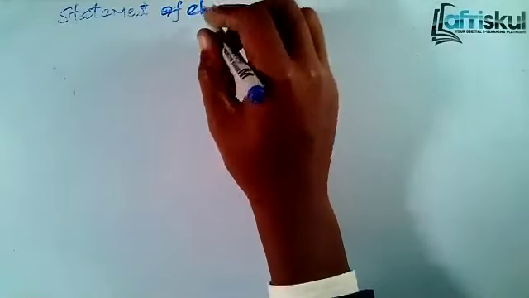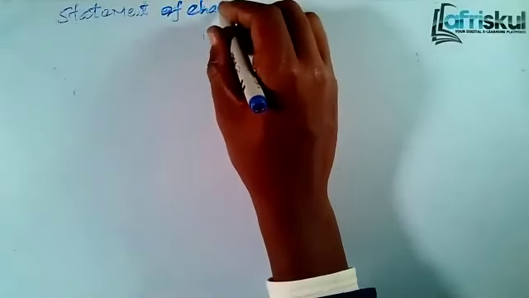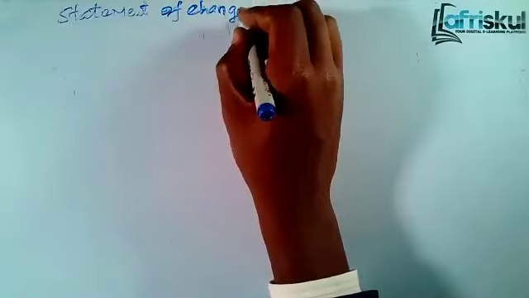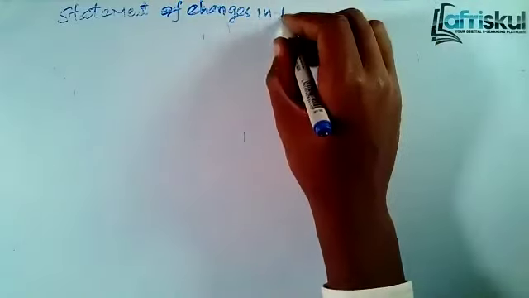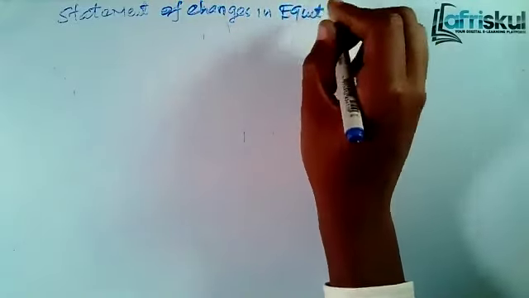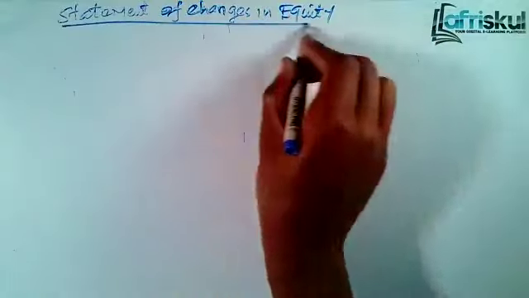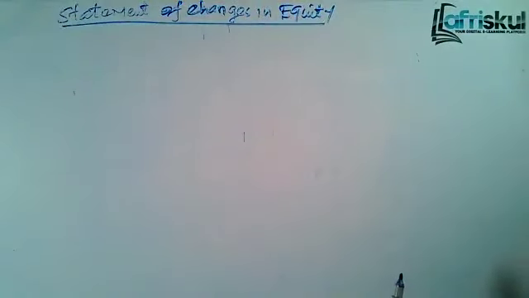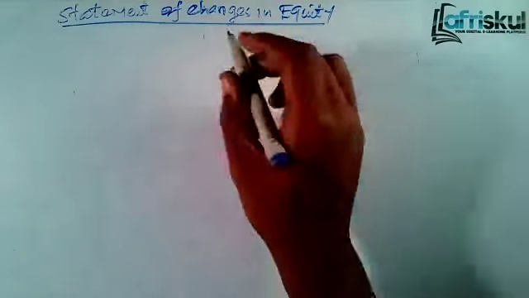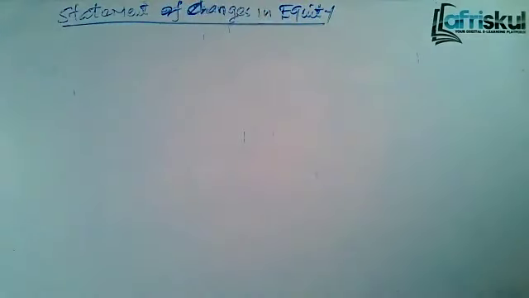The ordinary shares, the share premium, and all other reserves. And when I talk of all other reserves, I'm talking about the revenue reserves, which is also the retained profit. I'm also talking about the general reserves and the capital redemption reserves.